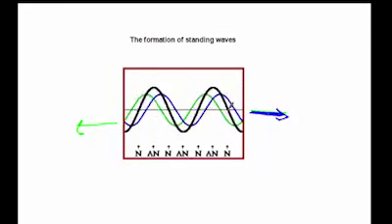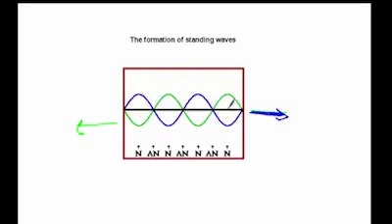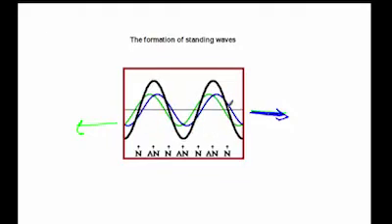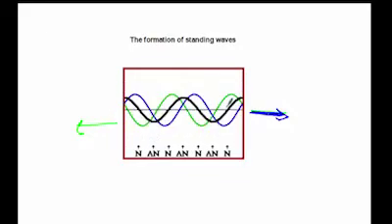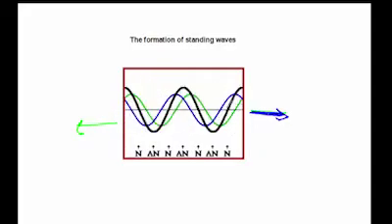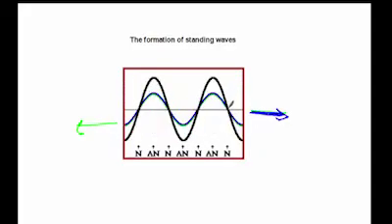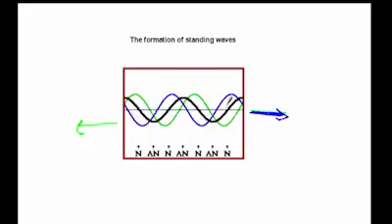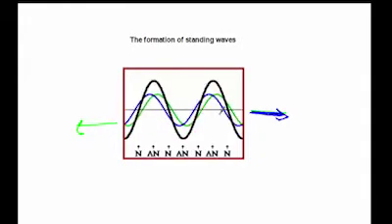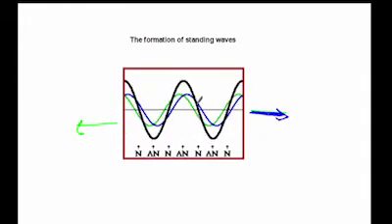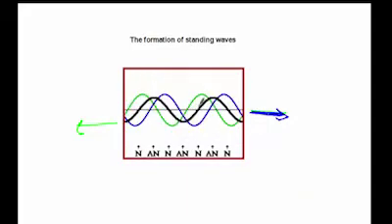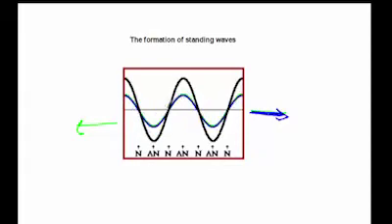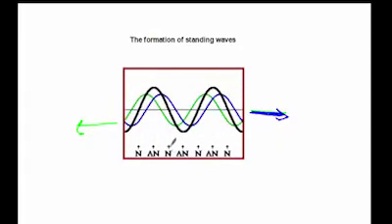If the particle for the green wave at this point is moving up, the particle at the same point for the other wave is moving down, so with a phase difference of 180 degrees. So here the resultant wave will have a displacement of 0. These points are called nodes.